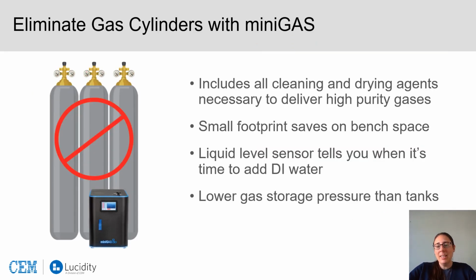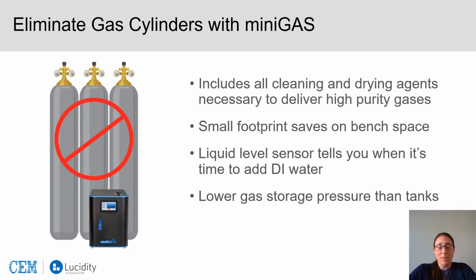And eliminating these tanks is a really big deal, right? I don't like working with tanks. I don't know who likes working with tanks. And we talk about that movability. Well, running tanks kind of eliminates that, right? So the miniGAS really is what makes the miniGC portable. And the miniGAS includes in that box all the drying agents necessary to deliver the high purity gases.